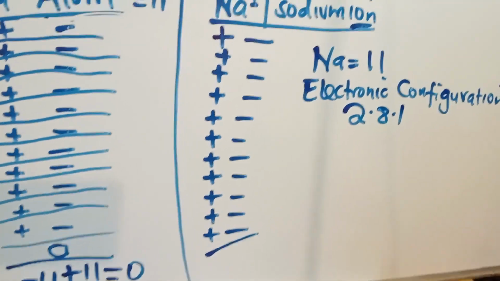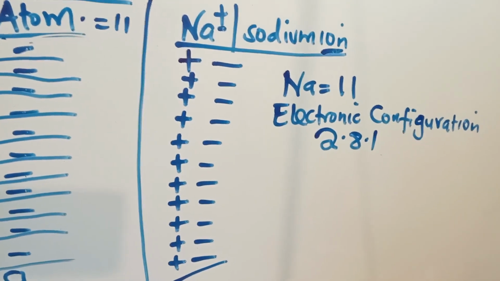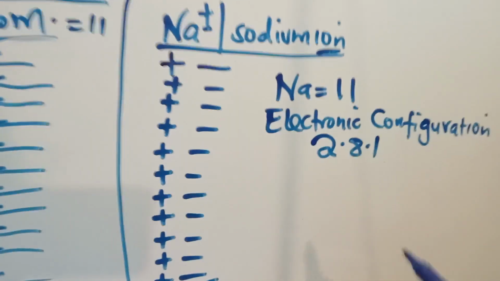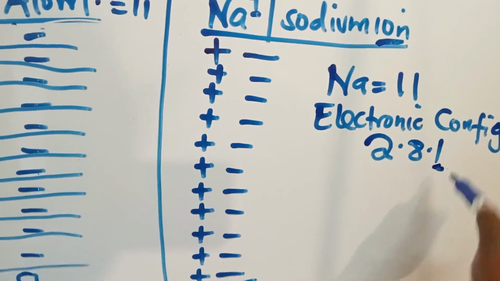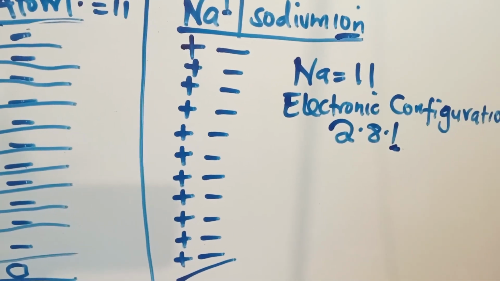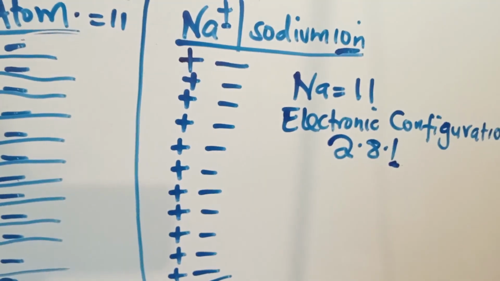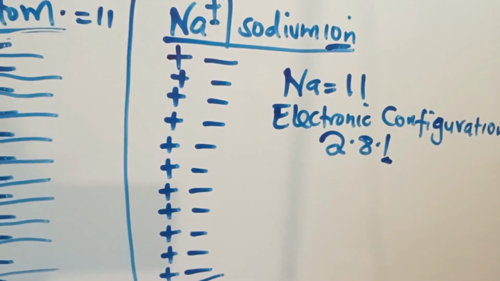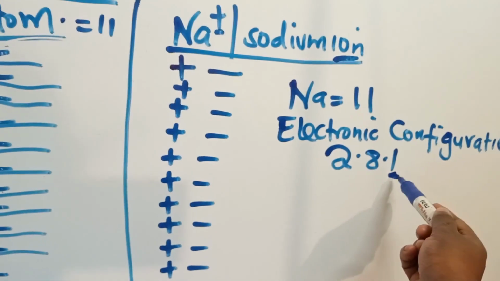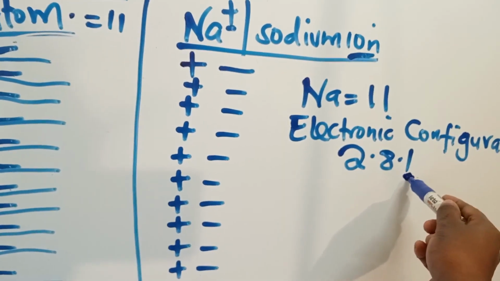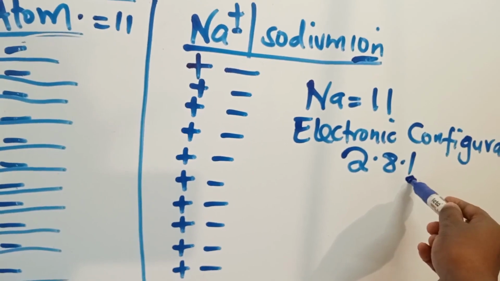You see this one that is on the right hand side. It means that sodium has 1 electron in the outermost energy level.